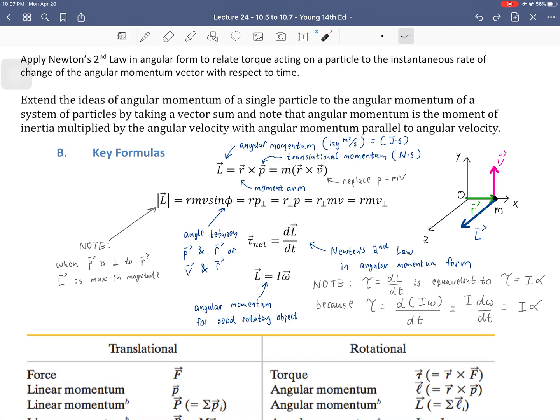You can compare this to F equals dp over dt. We saw before, the first time was F equals ma, and the second time was as the first time derivative of translational momentum. That was Newton's second law.